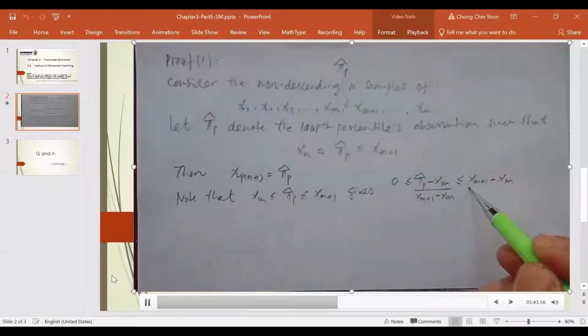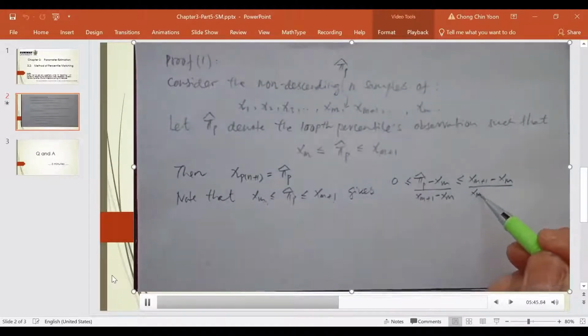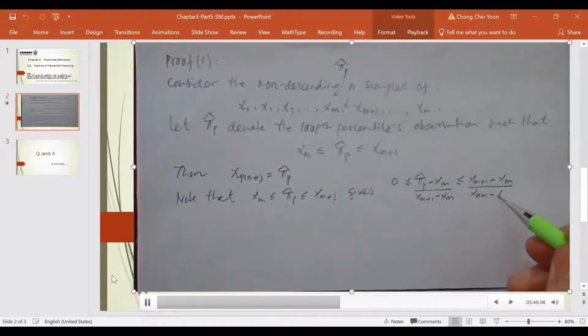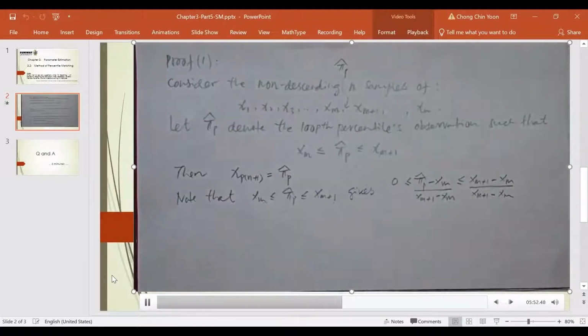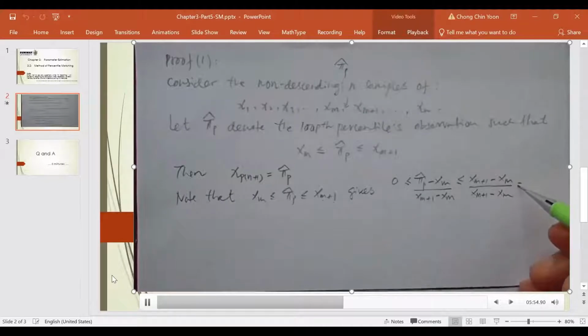So this divided by xm plus 1 minus xm, this will be 0. So this is 1.